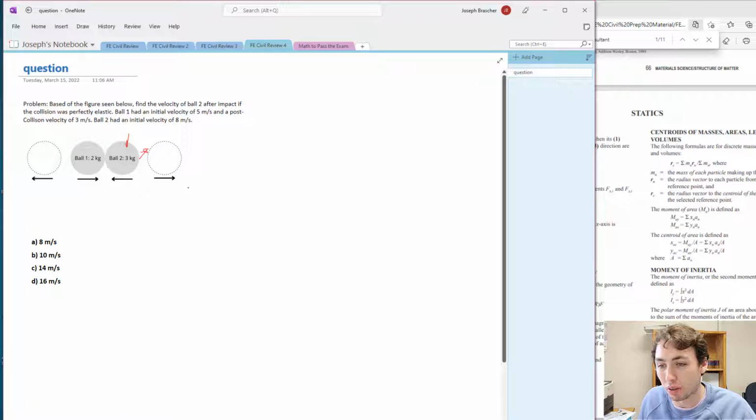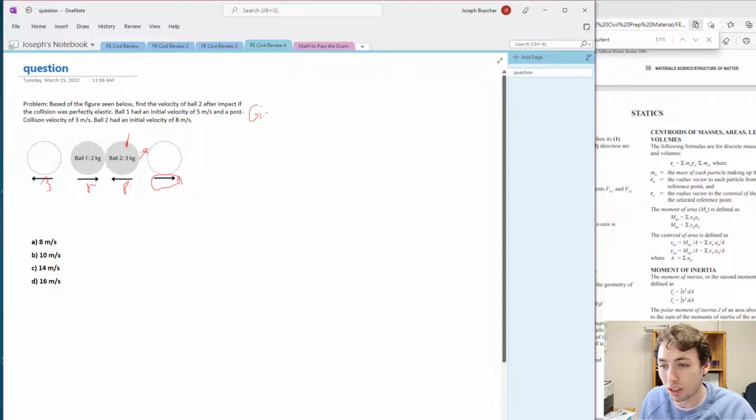So we want the velocity of ball 2 after collision. So that's what we're trying to find in this problem. Ball 1 had initial velocity of 5 meters per second here. Ball 2 had initial velocity of 8, and then ball 1 had a post-collision velocity of 3. And then we also know that the collision was perfectly elastic, and that's going to come into play here.